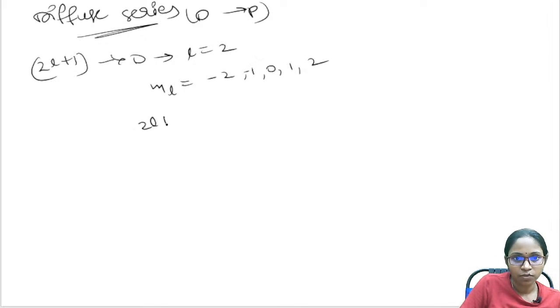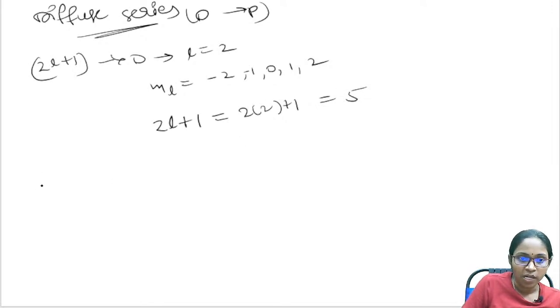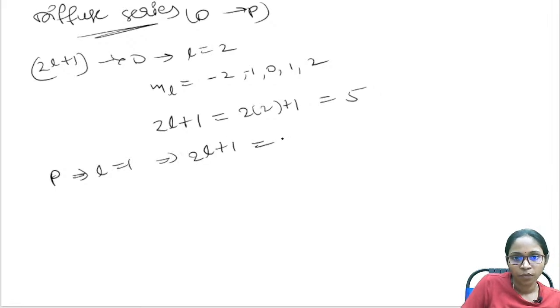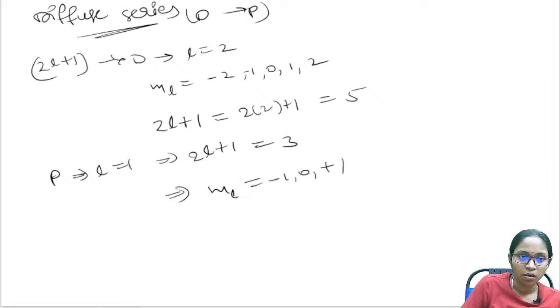And 2L plus 1, the number of splittings of this d orbital, will be 2 into 2 plus 1 equals 5. That means this d orbital is split into 5 energy levels. Coming to the p orbital, the L value is 1 and 2L plus 1 is 3. That means this p orbital is split into 3 levels, and ML values will be minus 1, 0, plus 1.